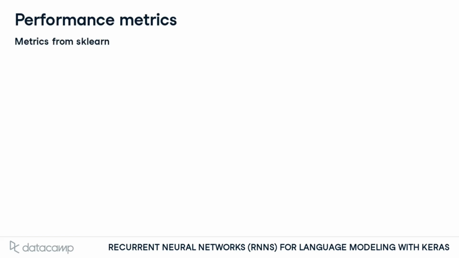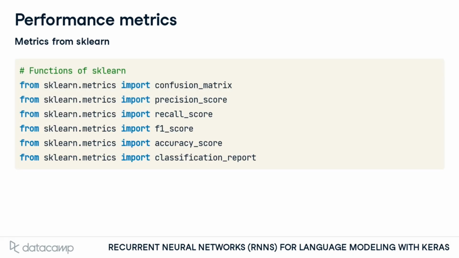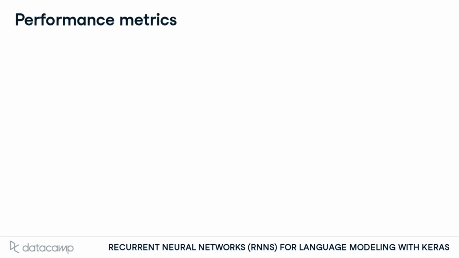Now, let's see how to compute the performance metrics with Python. We will use the implementation in sklearn to compute the metrics. The performance metrics can be found in the sklearn.metrics module, and we can import the confusion matrix, precision score, recall score, F1 score, accuracy score, and classification report. The accuracy score gives the overall performance of the model.